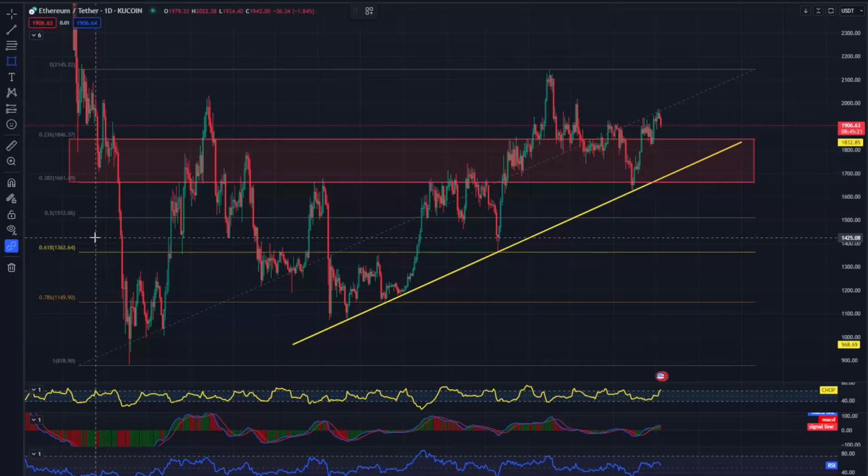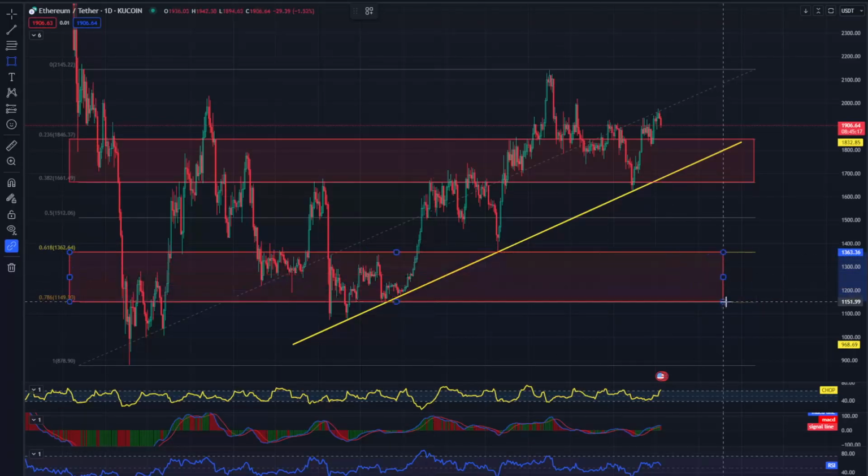However, when the price drops below, we can see a return to a very strong support zone from $1,363 to $1,150.